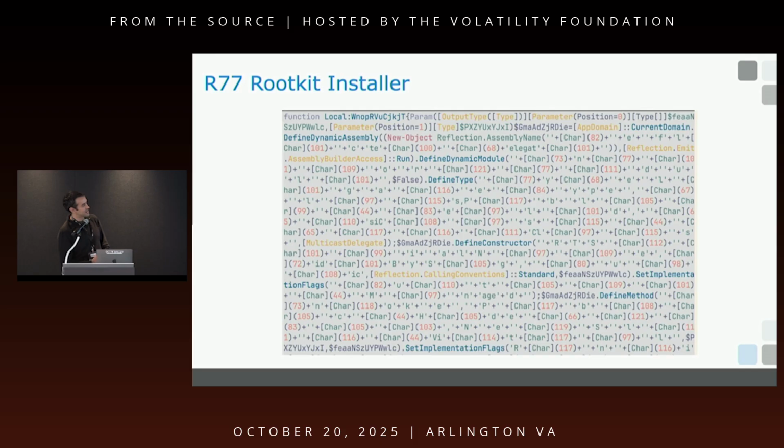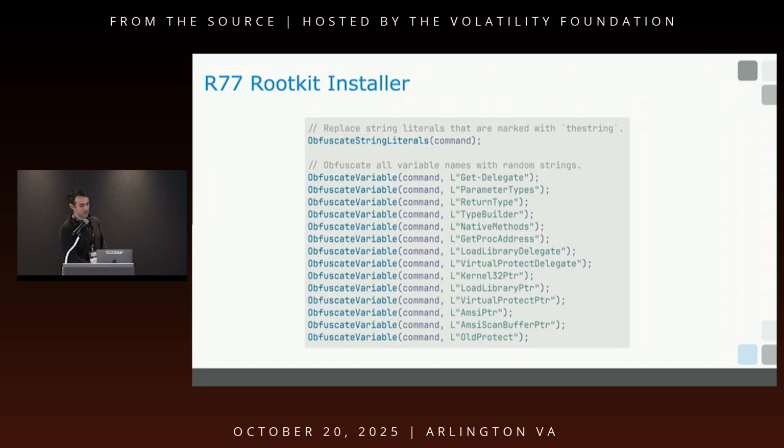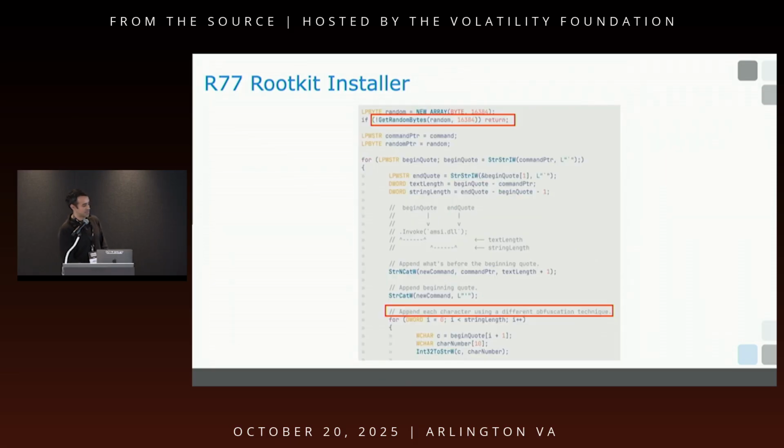Here's a particularly nasty example from the r77 rootkit, which is an open source rootkit on GitHub. It becomes absolutely unreadable. The way they do this is in the install.c file, they load a large random binary blob into memory, and they obfuscate all of the variables and string literals within the program. So here's an example from their source code.